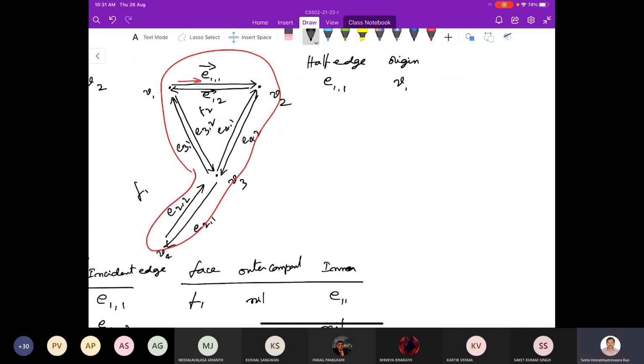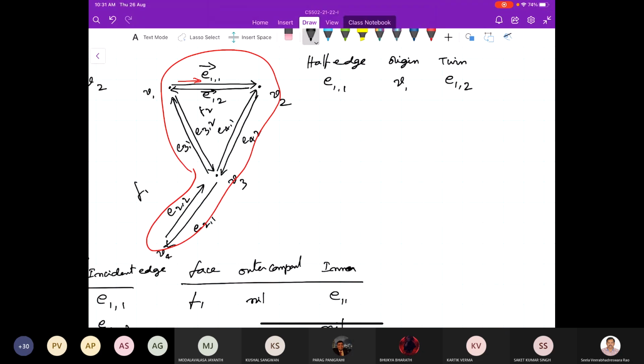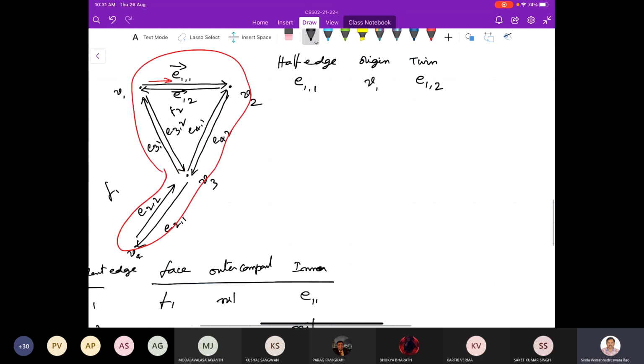And what is the twin edge of this one? Twin edge means the other off edge corresponding to this edge. So here this other one is E12. Okay. Now, incident face. On which face is this edge incident? So we always have to see what is the face on the left side. So F1 is the face.